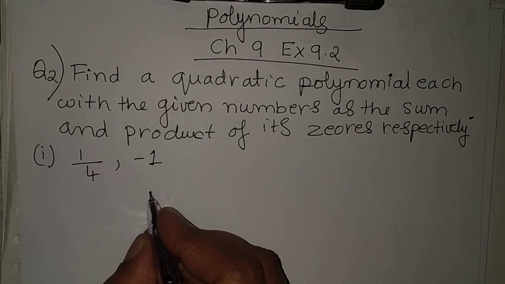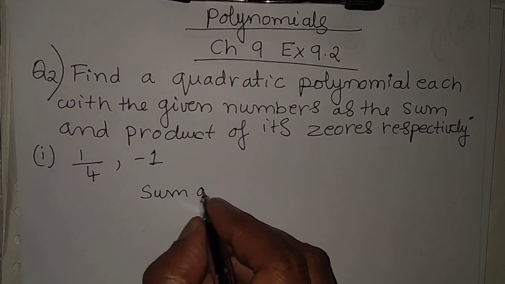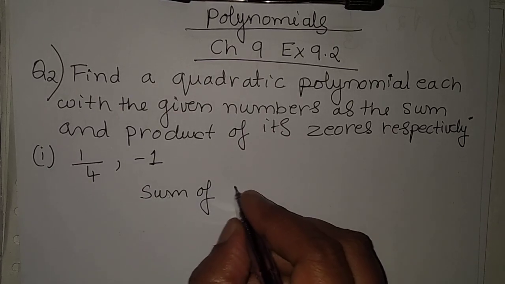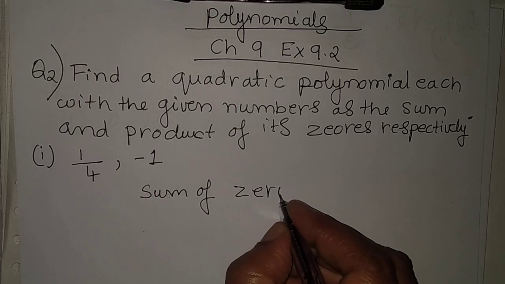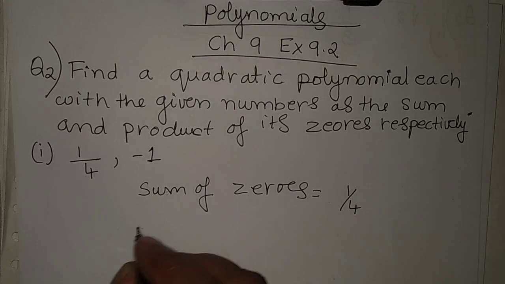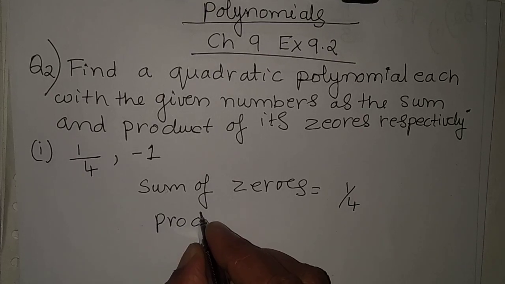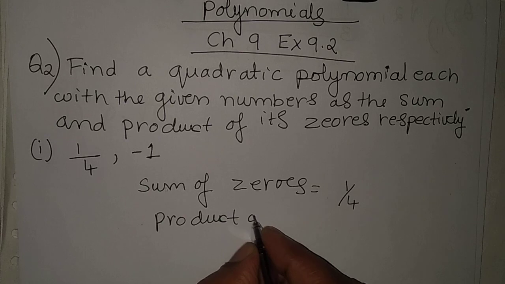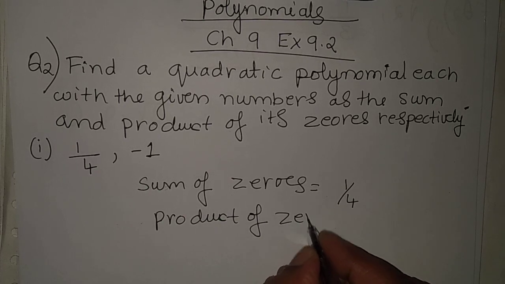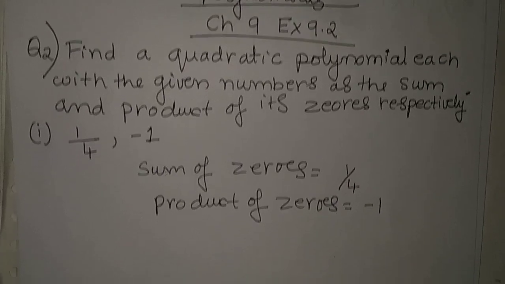So what are the given data? Sum of zeros is equal to 1 by 4, and product of zeros is -1.